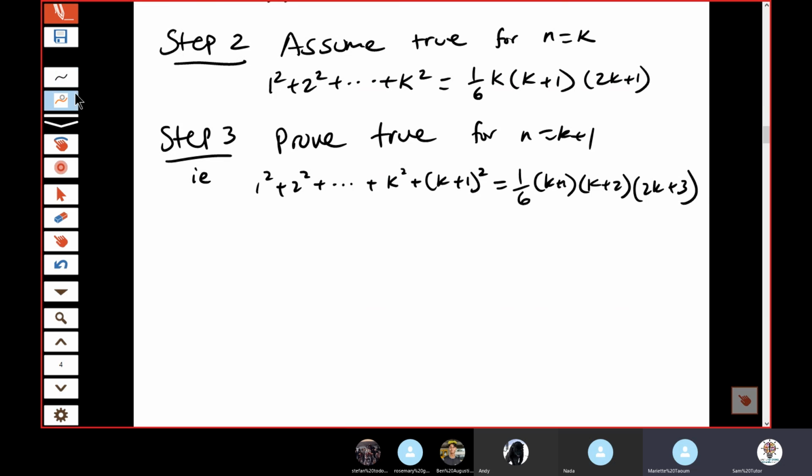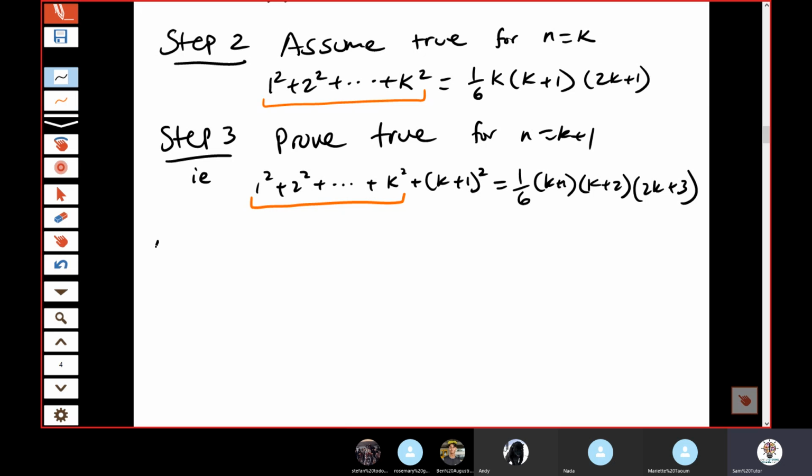Yes, you're right. Then, the reason why we have this i.e. is because, you see all of this? Does that look familiar? All from step 2. It needs to be.